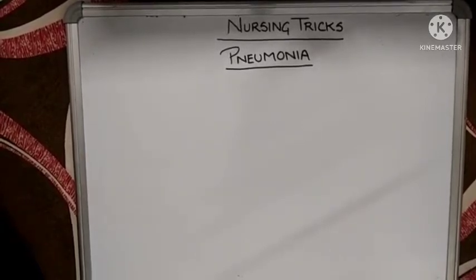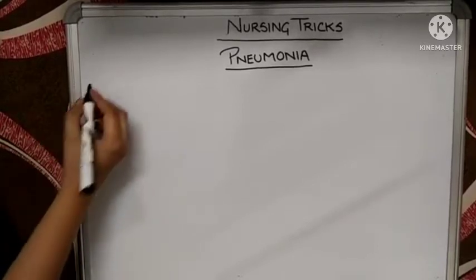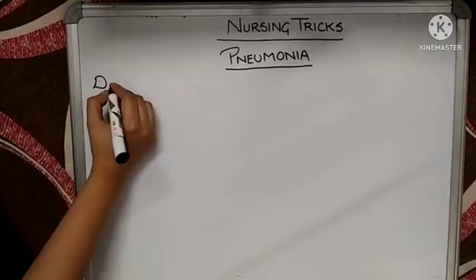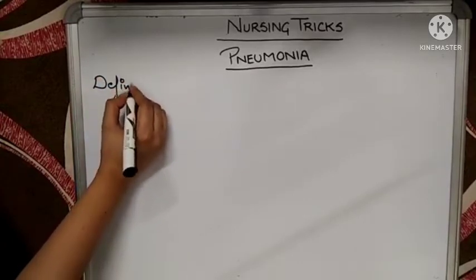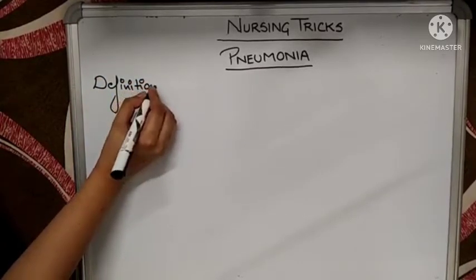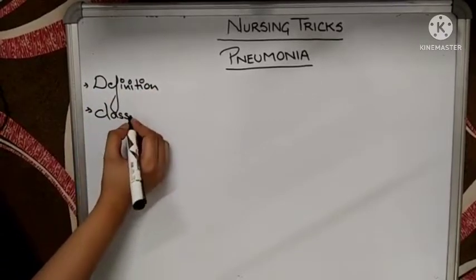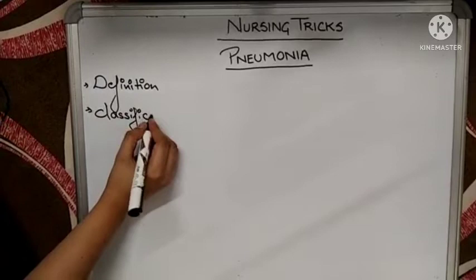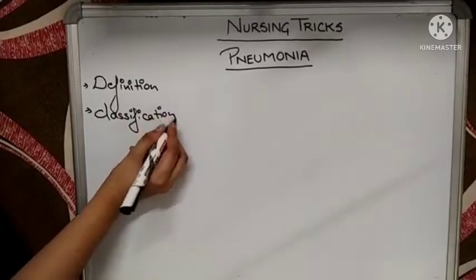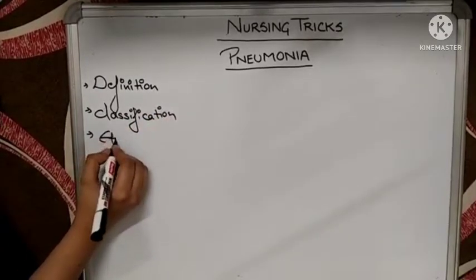First of all, let us see what all things we will see in this particular video. We will see the definition of pneumonia, and we will see the classification, and then we will see the etiology.